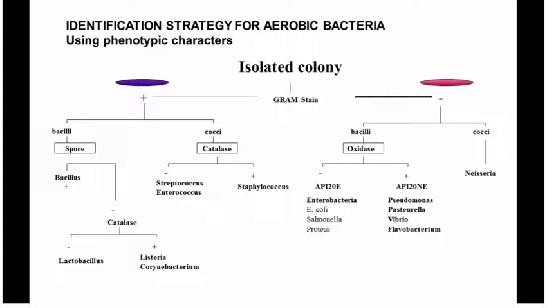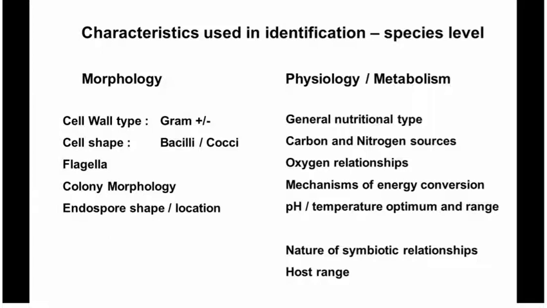Everything is going to start with an isolated colony on an agar plate. Because if you've got a mixture of different bacteria, all of the other tests about their biochemistry are not going to work very well. If you have a mix of bacteria and you want to find out whether one of them can use lactose, okay, this culture is lactose positive.